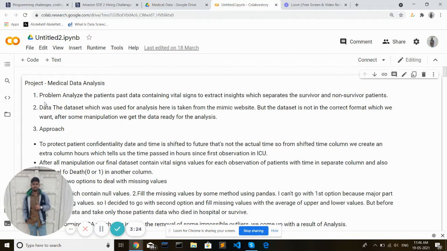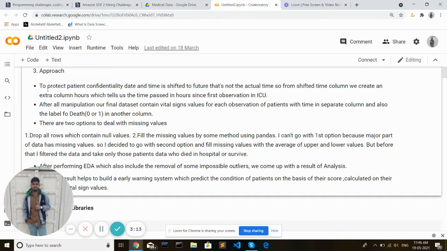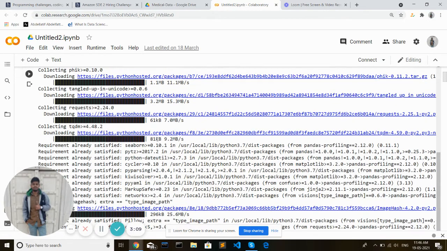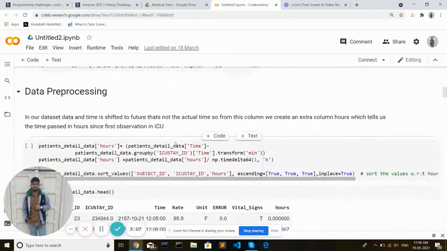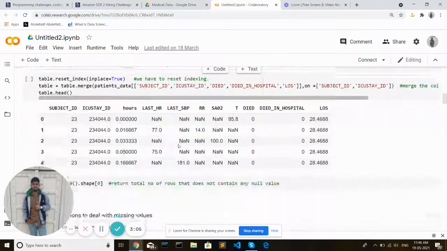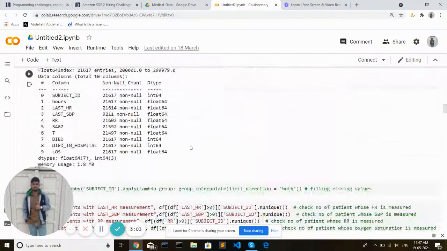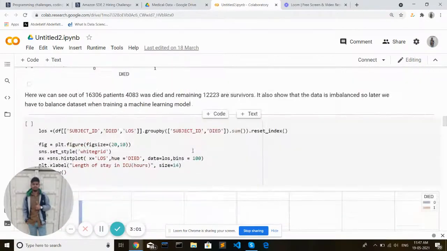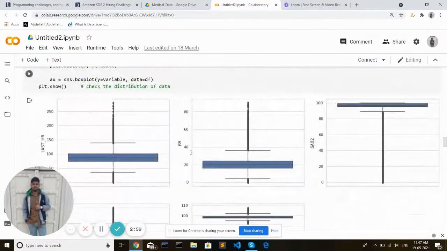What we do here: first we analyze the data using survivor and non-survivor patient data, and for this we use pandas for the manipulation. After some manipulation we got the result you can see here.